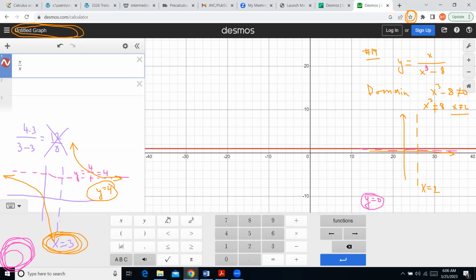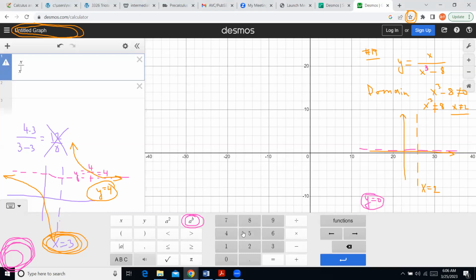How do I enter it here? Well, to enter cube, you need to put this a to the power of b symbol. So if I divide by x to the power of 3, and then I have to also go ahead and subtract 2 from that, then we can see the graph that has those two asymptotes.